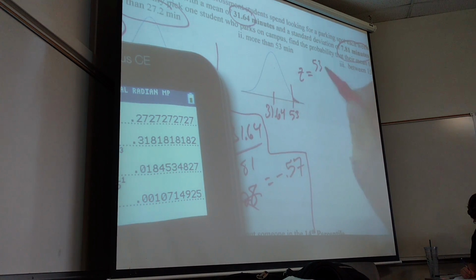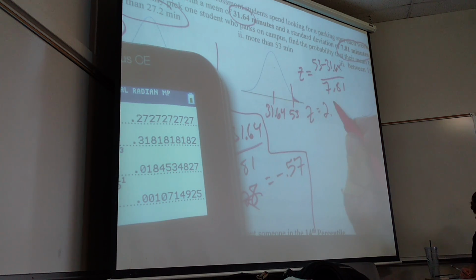Good. My data point minus the mean divided by the standard deviation. What do you guys get for the z-score? 2.73.